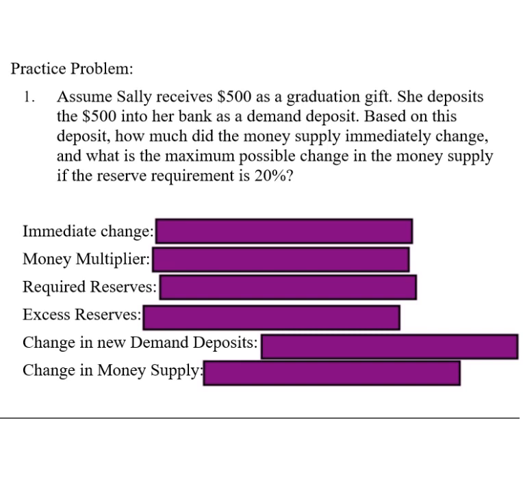She deposits that $500 into her bank as a demand deposit. Based on this deposit, how much did the money supply immediately change? And what is the maximum possible change in the money supply if the reserve requirement is 20%? If you need a calculator for this, that's okay. Some parts of it you shouldn't, but for the sake of the first practice, if you need one, go ahead.